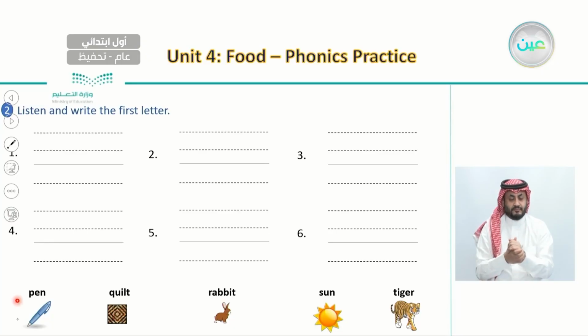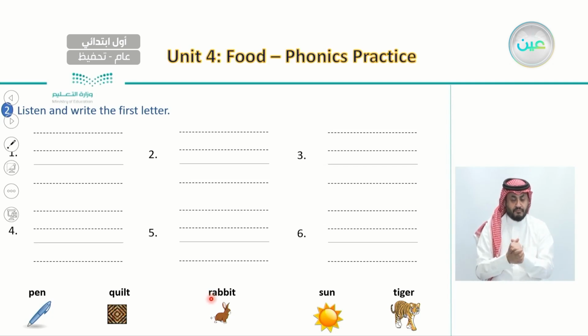The first word is pen. Say with me, pen. Pen starts with letter P. And the second word is quilt. Quilt starts with letter Q. And the third one is rabbit.